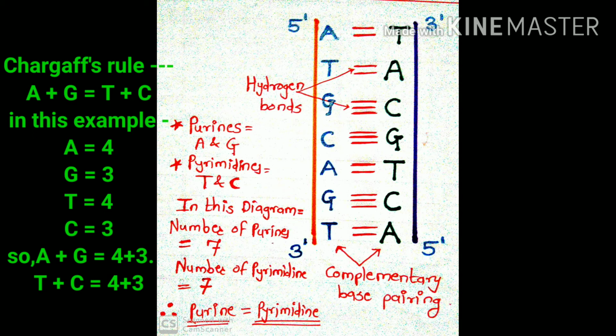So, the total number of purines, that means A and G, is equal to 4 plus 3, that means 7. And the total number of pyrimidines, that means thymine plus cytosine, is equal to 4 plus 3, that means 7. Therefore, the total number of purines is equal to the total number of pyrimidines, and this is Chargaff's rule. Okay?